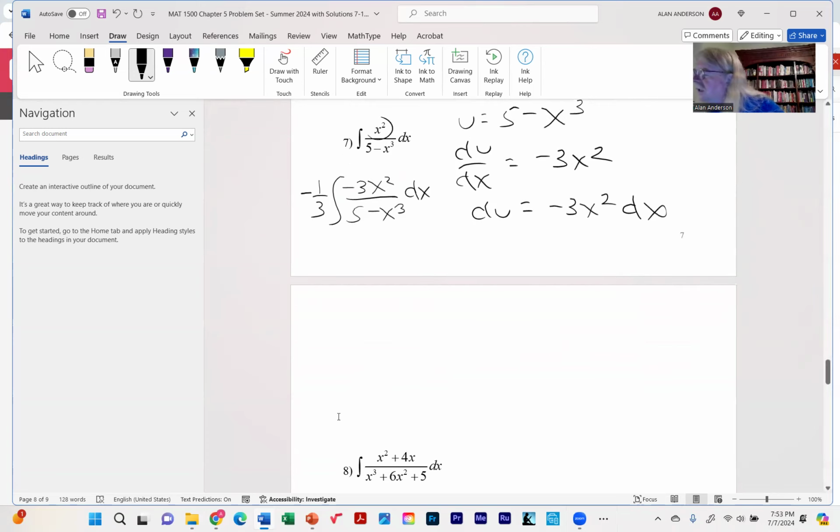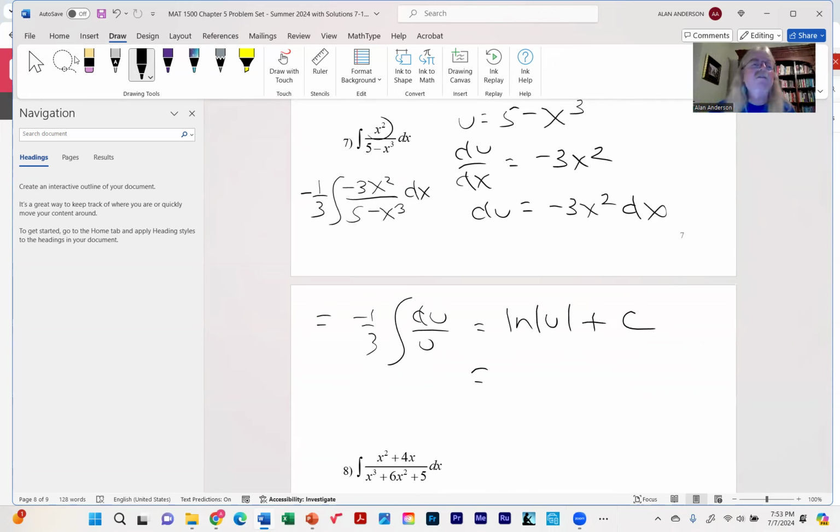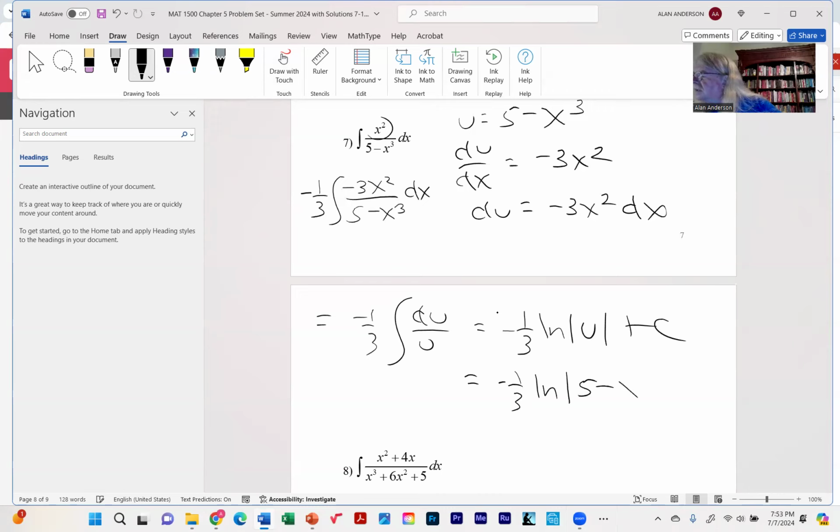And so now all of a sudden I have minus a third du over u. Oh, whoops, I almost forgot. Don't forget that constant. I did just forget the constant. Negative a third, natural log absolute u plus c, and u this time is 5 minus x cubed. Right.